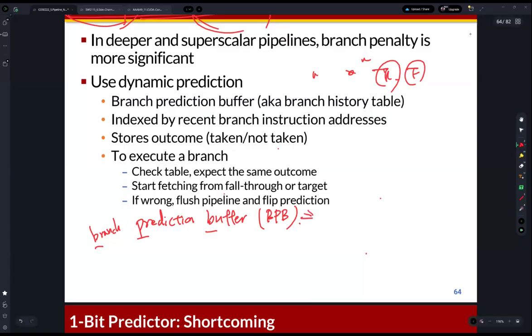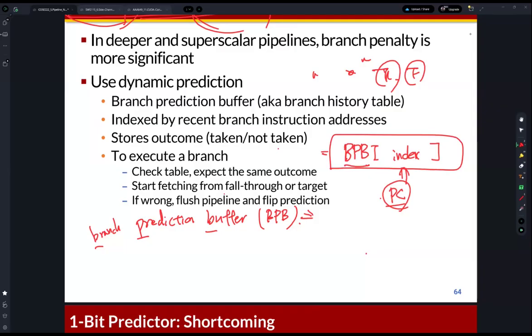So we can access this entry of the branch prediction buffer using the index. I said that we can use the PC as the index of this buffer, right? Then we can access the corresponding entry of this buffer.